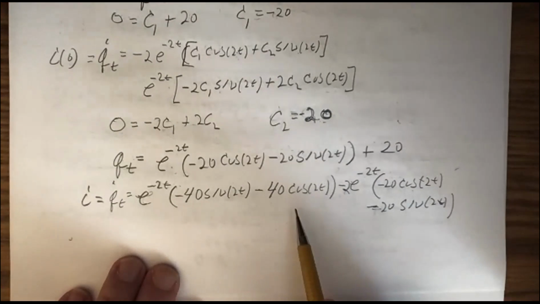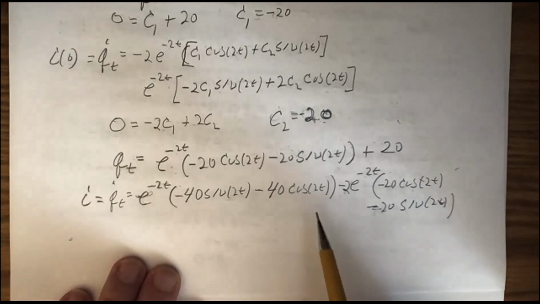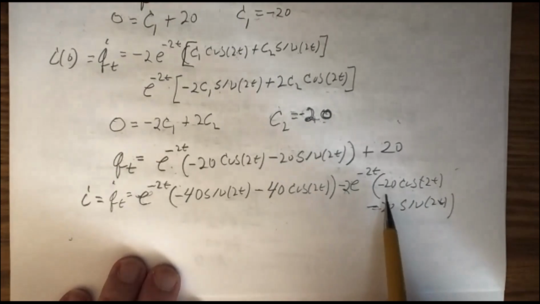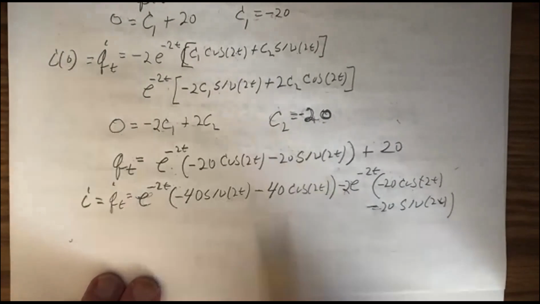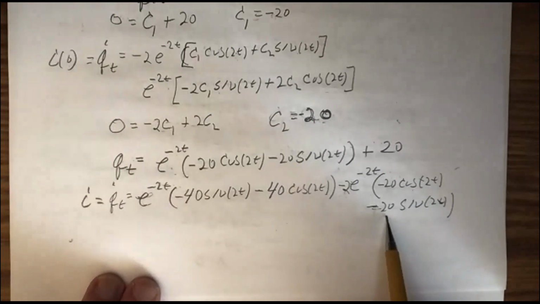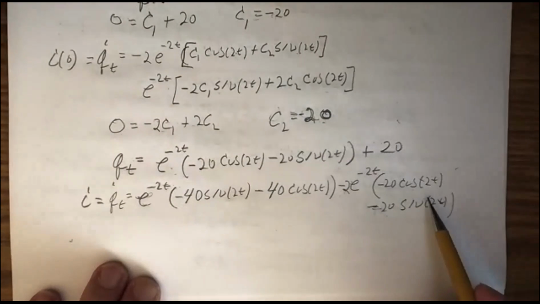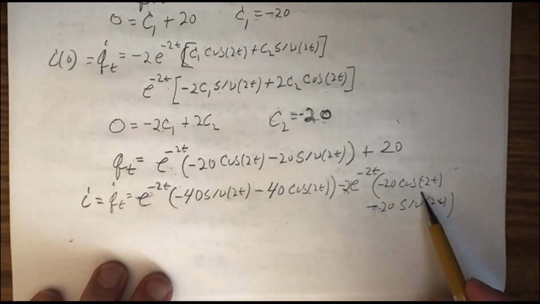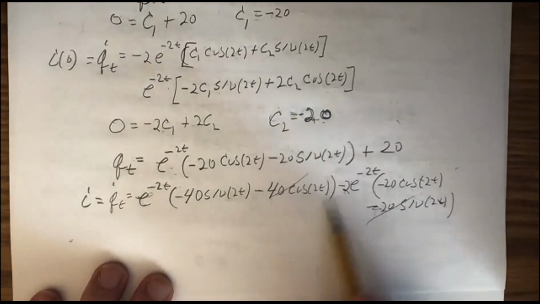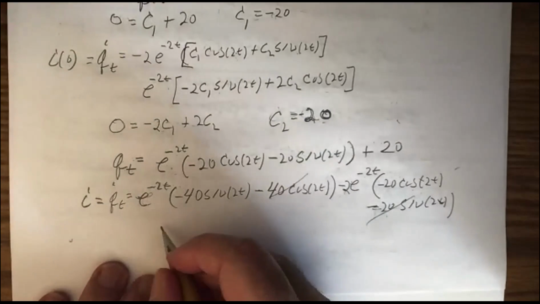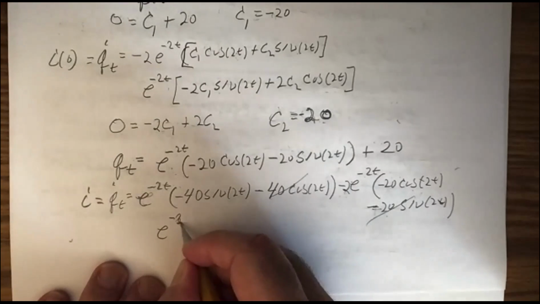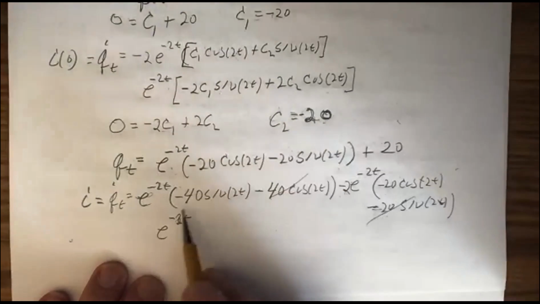Okay, so what do we got here? The signs are going to cancel out, right? The signs are going to cancel out, and then I'm going to be left with e to the minus 2t, and then here I got a minus 40.